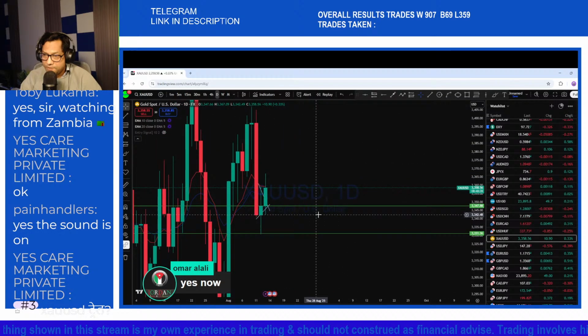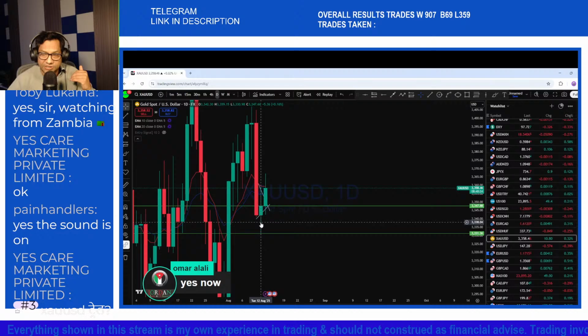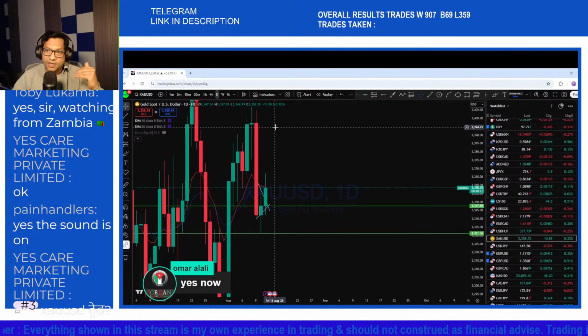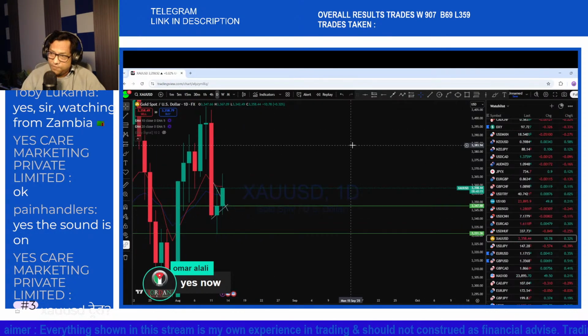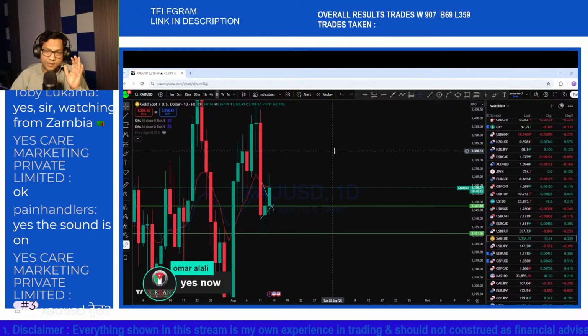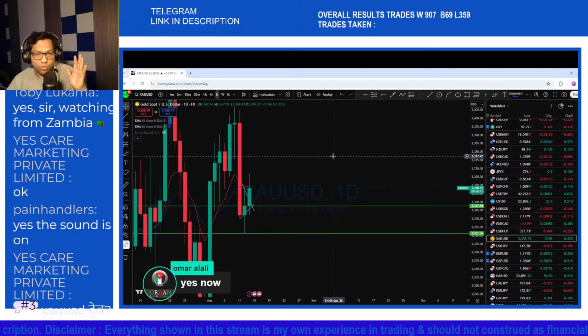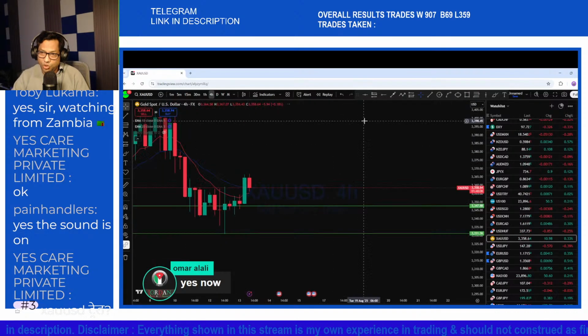From the daily, the price today, once it opened, started to bounce here. Today's bias: if the price is dropping back to this daily low here, once the market drops to the daily low, we can look for an entry in this market. Let's wait to see.